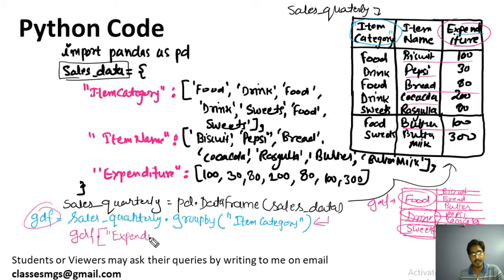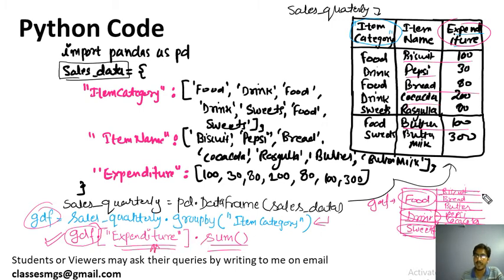You need expenditure and then you will write dot sum. It will find the column expenditure of each group, and the groupby result is in this variable GDF. GDF will have these three groups, food, drink and sweets, and it will calculate the total expenditure of each.